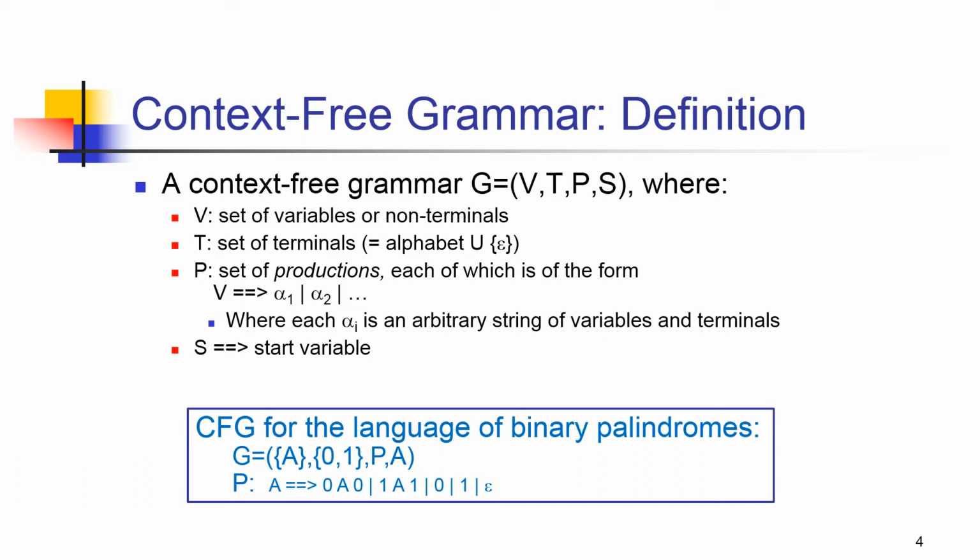That is palindrome. I hope you already know the meaning of palindrome. For example, let's take one word, that is madam, M-A-D-A-M. That is palindrome. If I read from left to right or right to left, I'll get the same word. So that is palindrome. Now this particular language is a context-free language.